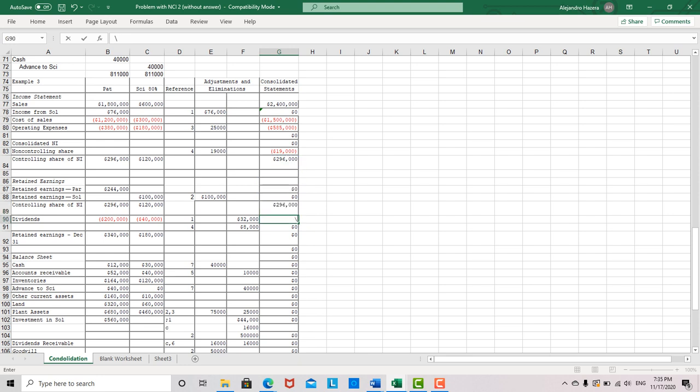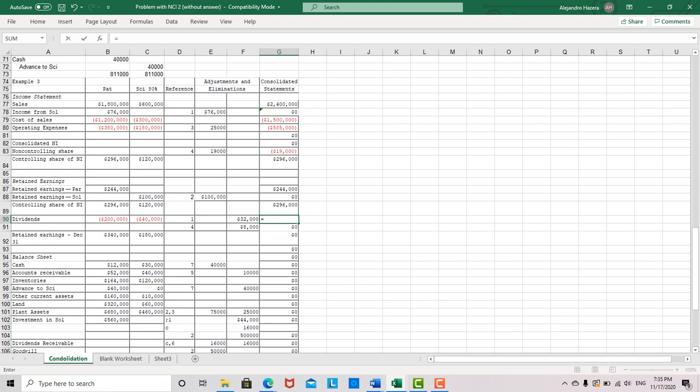Then just work across on the statement of retained earnings. Parent's, 244. The sub's, 100 minus 100 gives you 0 retained earnings for the sub, and that's correct, or else you'd be double counting.